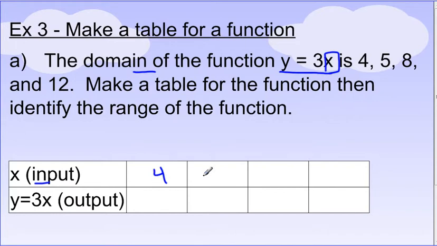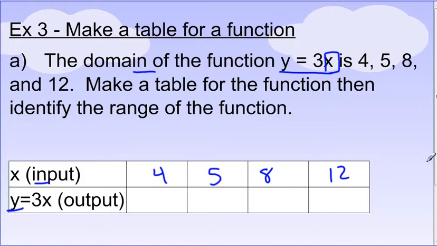So it's telling us to use these numbers, 4, 5, 8, and 12, as your inputs, the domain, the x values. It then wants us to find what are the outputs, the y values. Y values are the outputs, the range, whatever you want to call them.